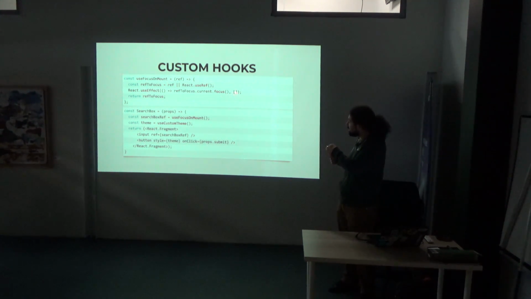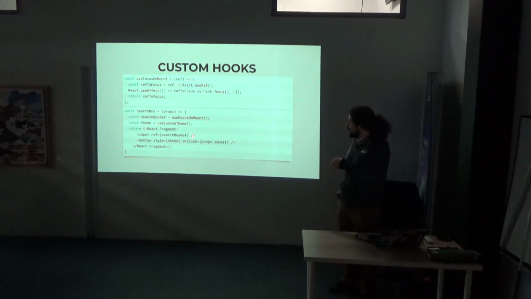But if we pass a value, it would see, did the value change from the previous time? If not, we're not going to call the callback anymore. If it changed, we're going to call the callback. So if we pass an empty array, that means we only want to do it the first time and then not do it anymore. That's a way to say component on mount, instead of every time.